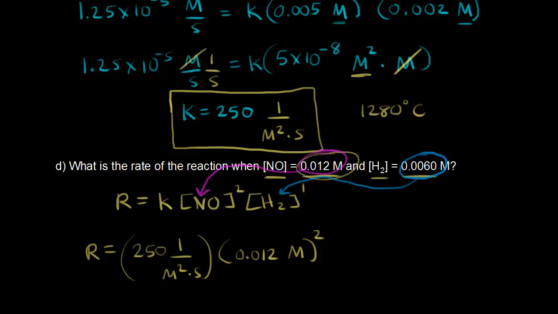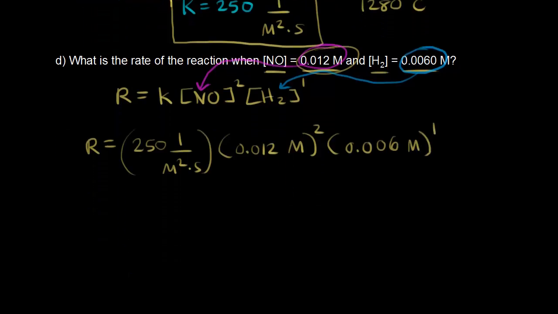So let's go ahead and do that. So that would be times 0.006 molar to the first power. And we solve for our rate. So the rate is equal to, let's do the numbers first.